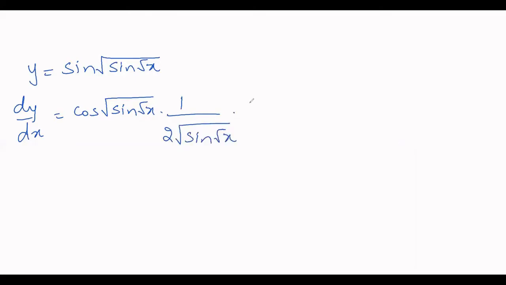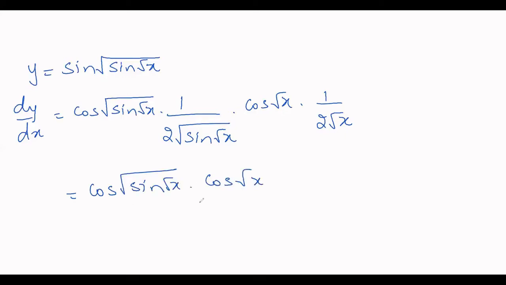So cos root x into differential of root x, which is 1 by 2 root x. So therefore, we can write the answer here: cos root of sine root x into cos root x divided by 4 root x into sine root x. That's my final answer. Let me clear this.